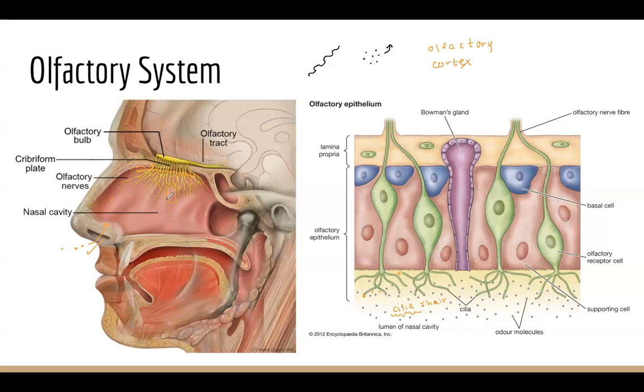First, this process happens in both nostrils, and in your skull, there's a small opening in which these inputs cross over. The smell that comes into your right nostril will go to the left side, and the smell that comes in from your left nostril will go into the right side. That's the process of crossing over.